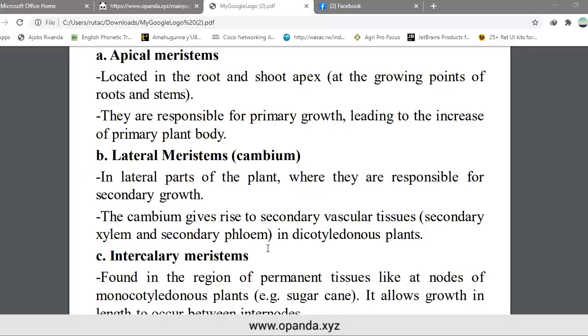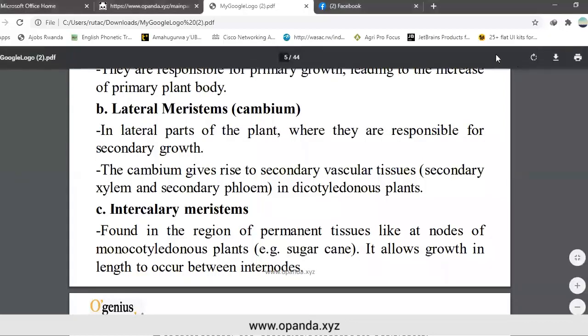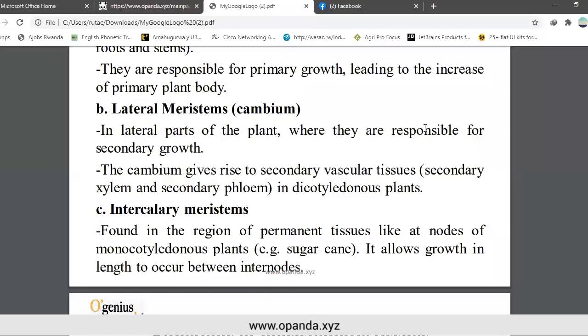Intercalary meristems are found in the region of permanent tissues, like at nodes of monocotyledonous plants. Example of sugarcane. It allows growth in length to occur between the internodes. The intercalary meristems are generally found in grass.